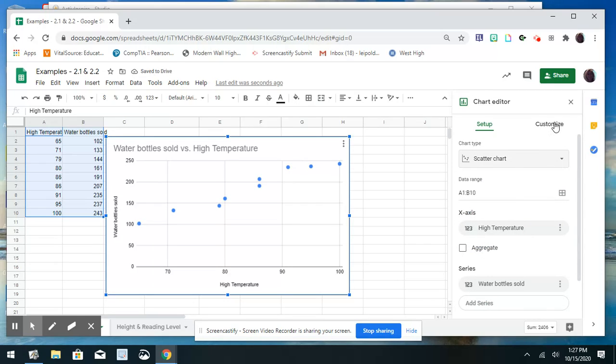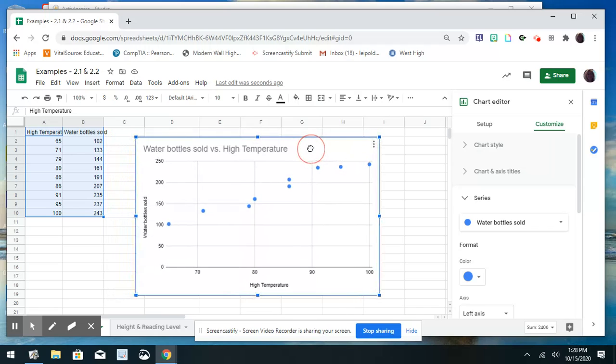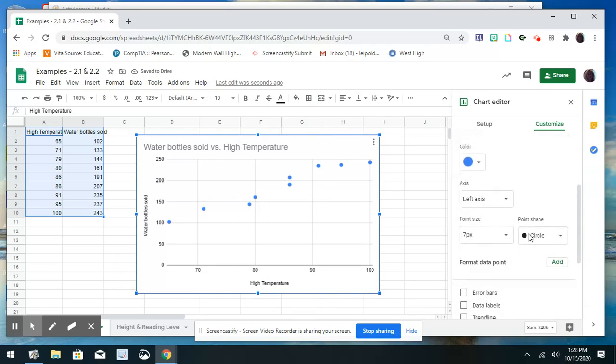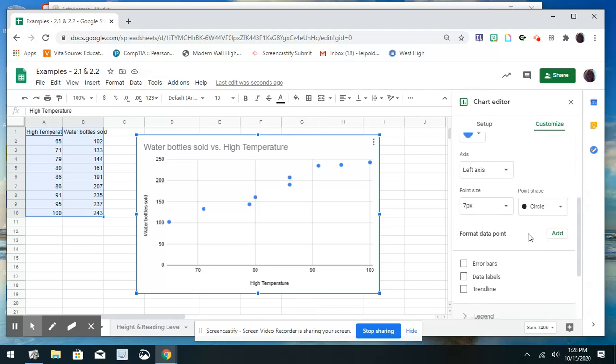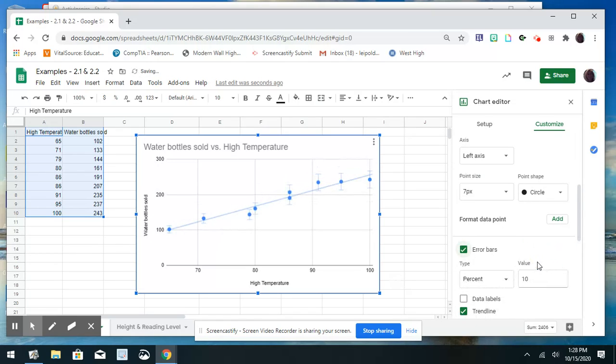And then I want to make some customizations here, and we want to see if there's a trend. So we're going to go into the series section, and I'm moving this over just a bit for us, and ask it to please make a trend line.